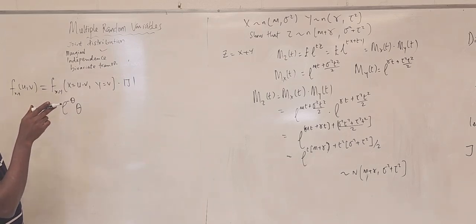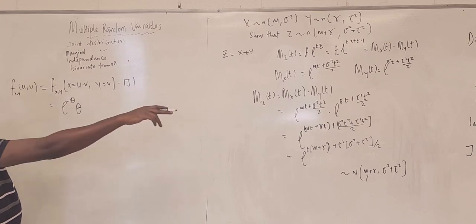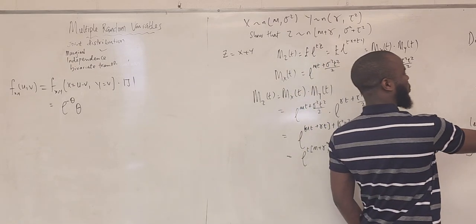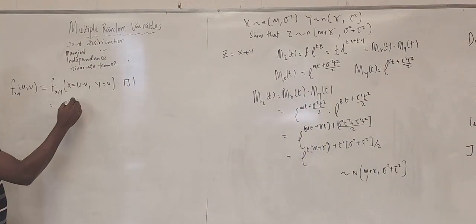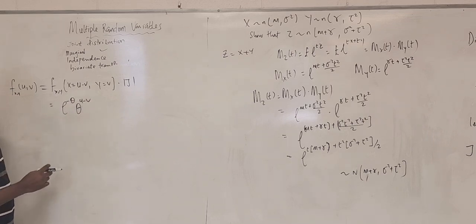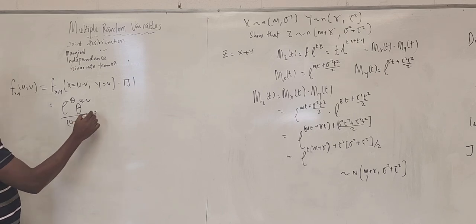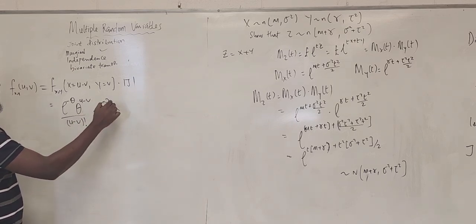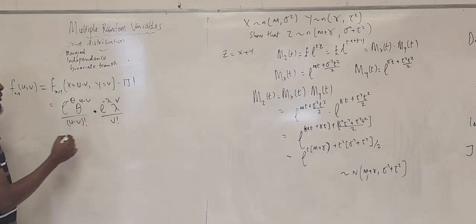I want to plug in x and y into this equation. So you have theta to the power of u minus v over u minus v factorial, multiplied by exponential minus lambda, lambda to the power of v, which is y, over v factorial.